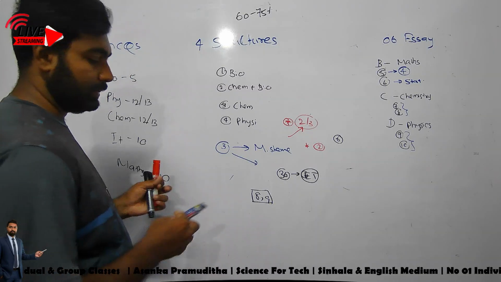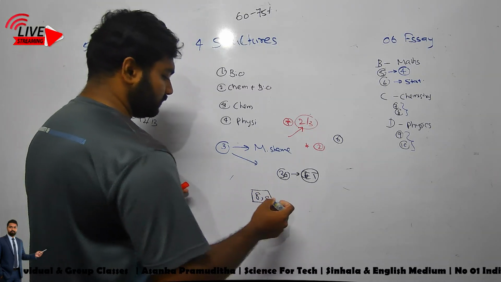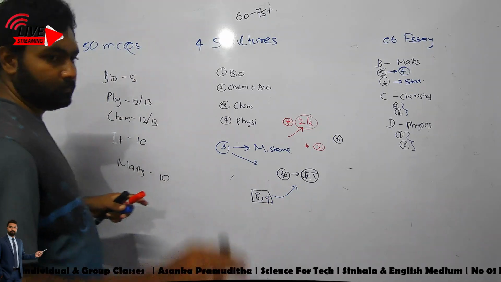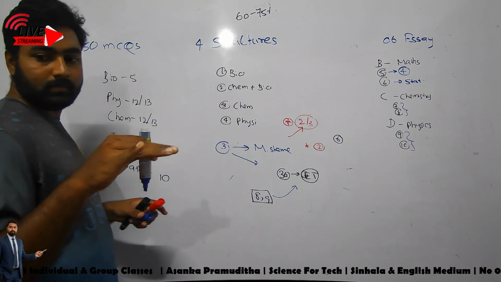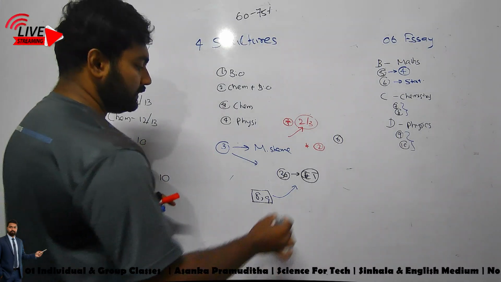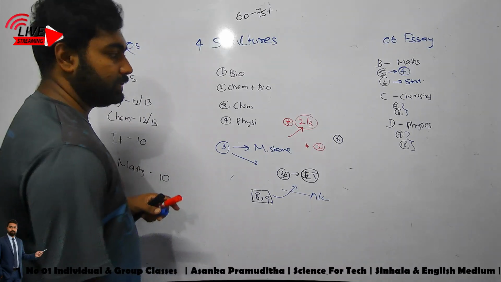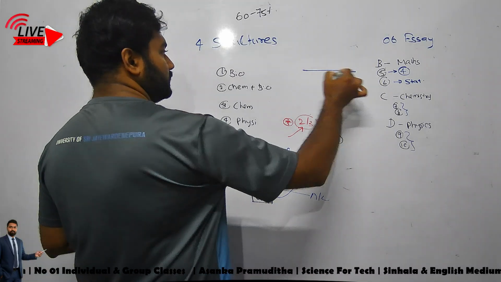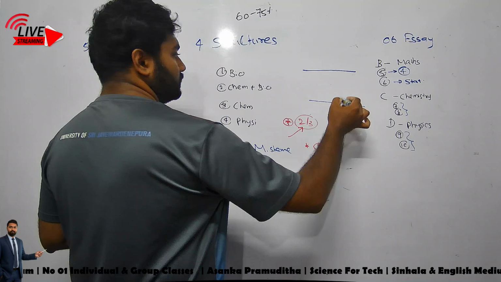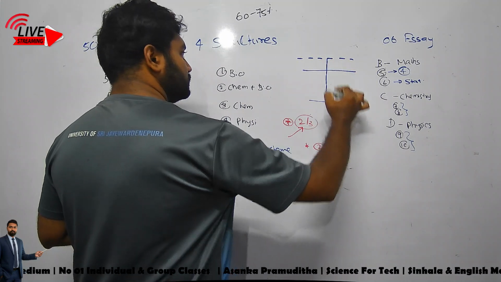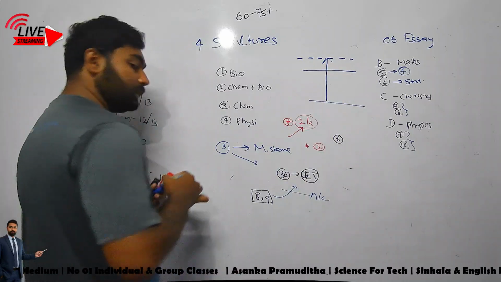And remember, usually we discuss questions more than the A level. Think like this: this is A level, this is your O level, and usually I discuss up to here. What is the reason?